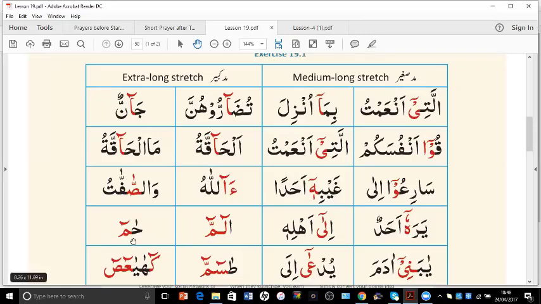This is another set of disjointed letters, and they read in the normal form. This meme will be extended for at least 4 seconds. Hamim. Alif Lam Mim. Okay, well done.